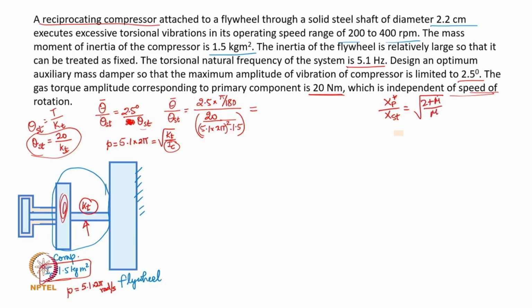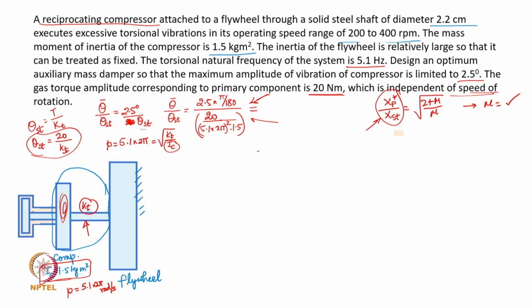Is it not? Now this is already known from this. Instead of x, we are going to use theta, that's the torsional vibration. So because the left hand side is known from this, you will get to know what is the value of mu from here, right?